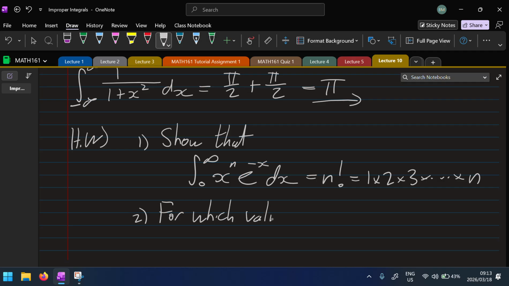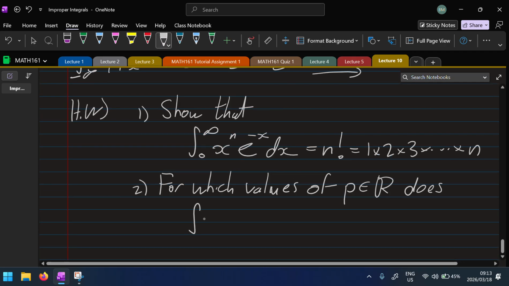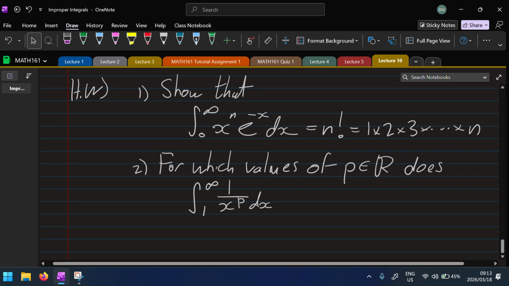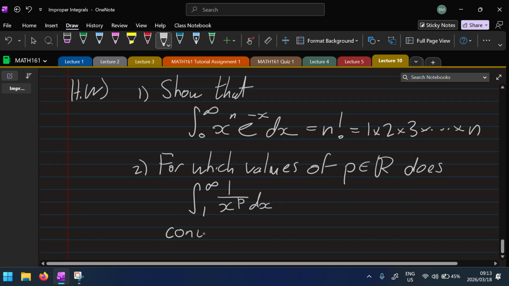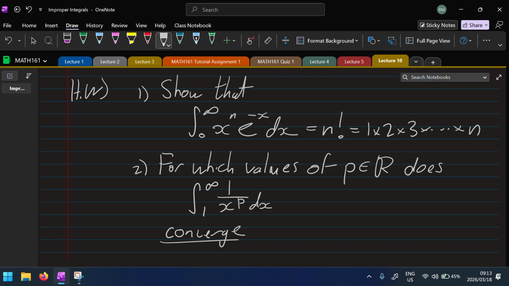And then number 2. For which values of p does the integral from 1 to infinity of 1 over x to the p dx converge? When we say it converges, it means after we do all of the limits and everything, we get some number.